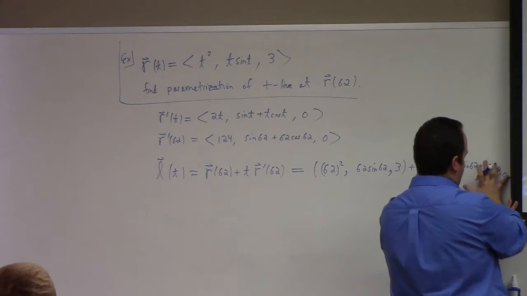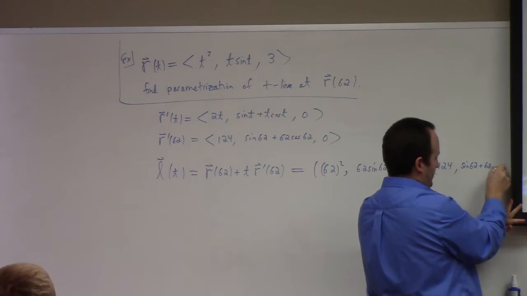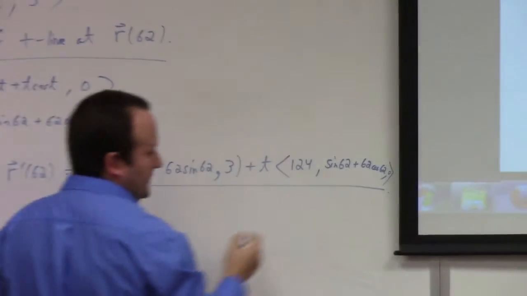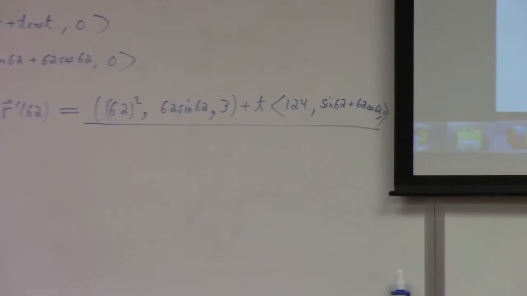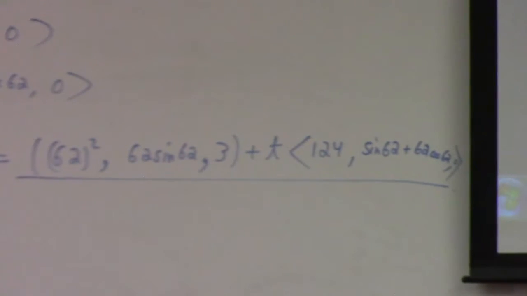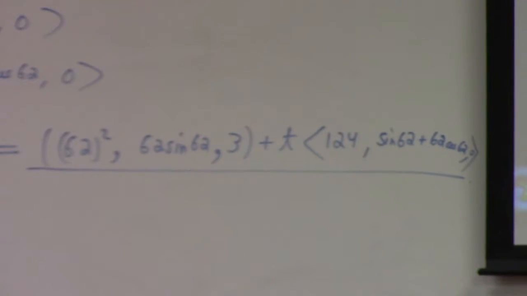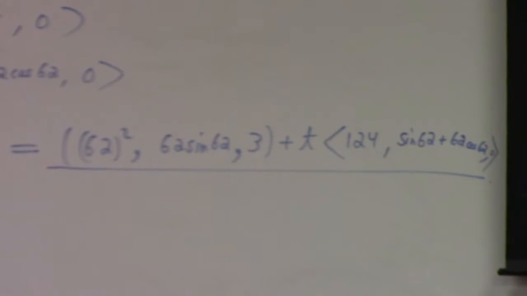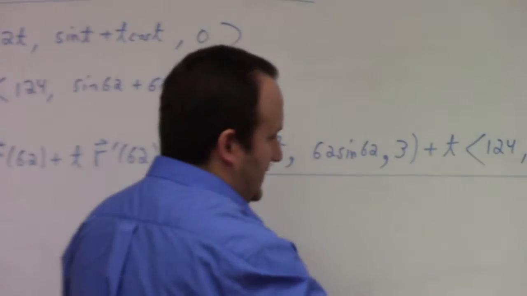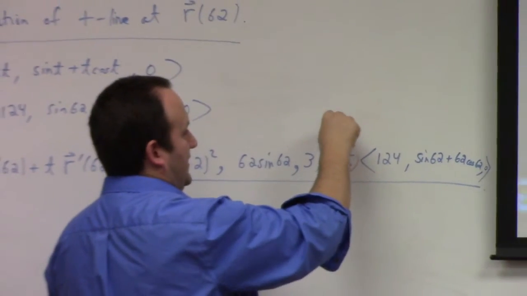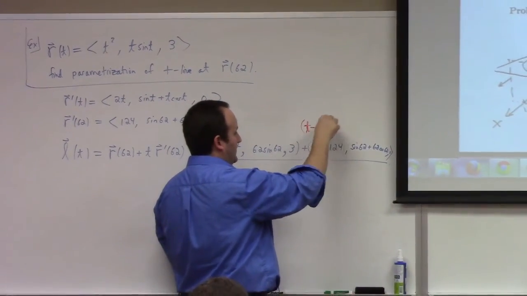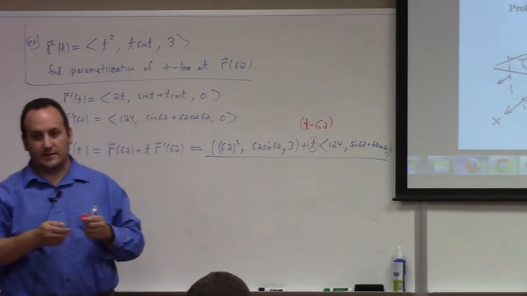Stupid whiteboard. And there it is. That's the parameterization. It puts the point of tangency at t equals 0 in my current formulation. If you want to put the point of tangency at t equals 62, simply replace this with t minus 62, and then the parameters would match up between the original curve and the line.